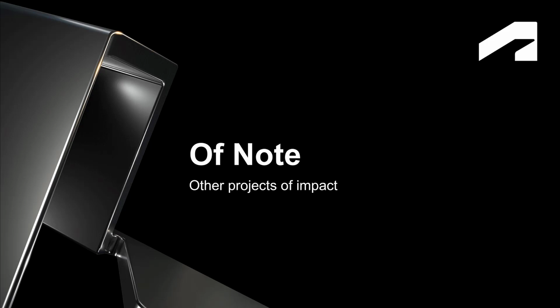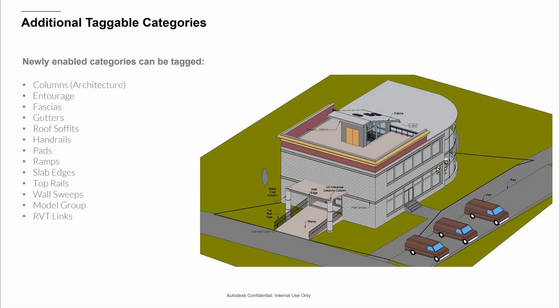The first thing of note is additional taggable categories. There are a number of different categories that are now taggable. This is a small change, but we wanted to make sure that things in Revit are consistently taggable. So if you're building any automations and tags, just be aware that there's a bunch of new categories available for this.